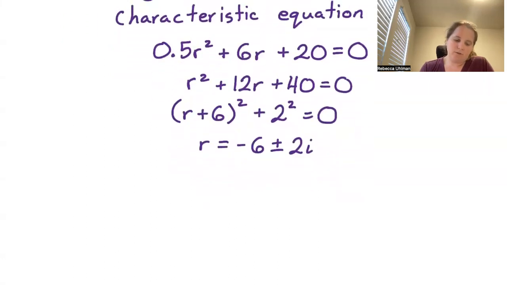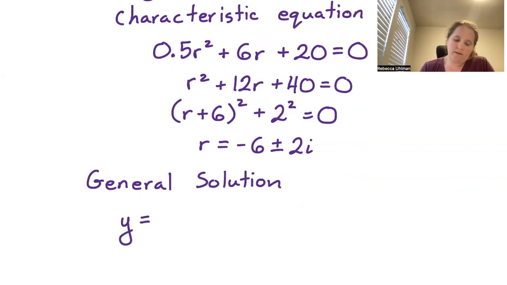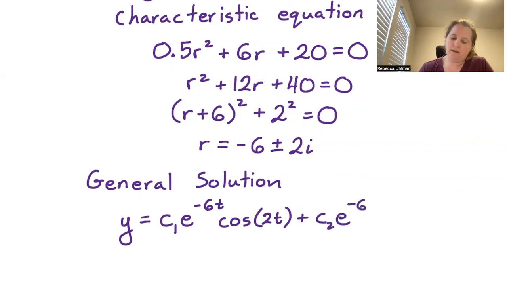So we have general solution. Y is equal to C1 e to the -6t cosine of 2t plus C2 e to the -6t sine of 2t.